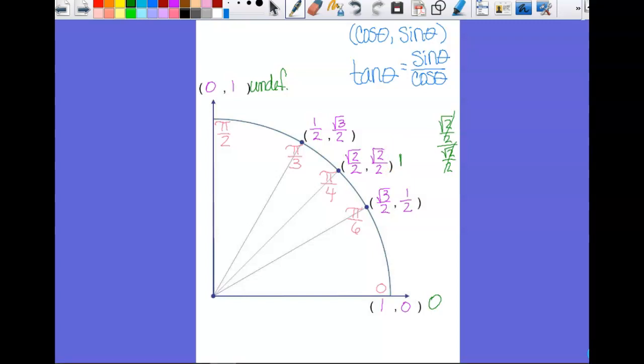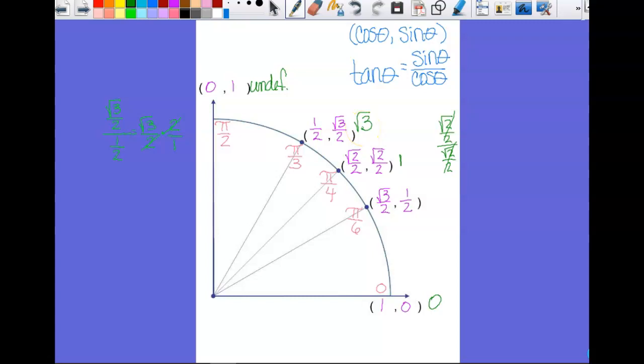Pi thirds, we did it yesterday, but I know you don't remember it, and that's okay. We're going to do y over x. So I have square root of 3 over 2 over 1/2. So that becomes square root of 3 over 2 times 2 over 1, which ends up just giving me square root of 3.